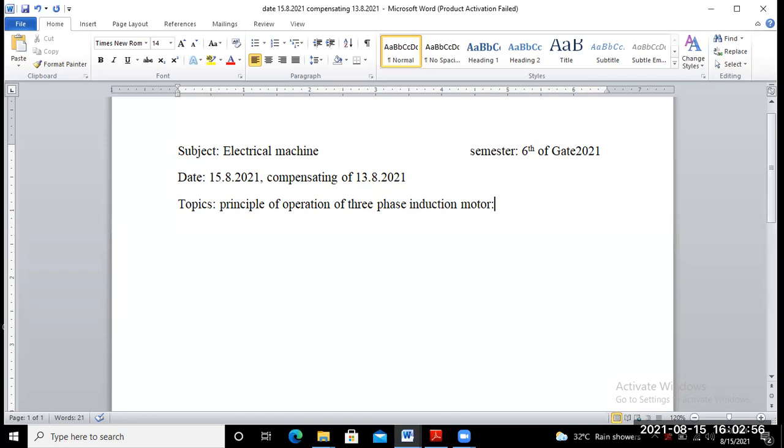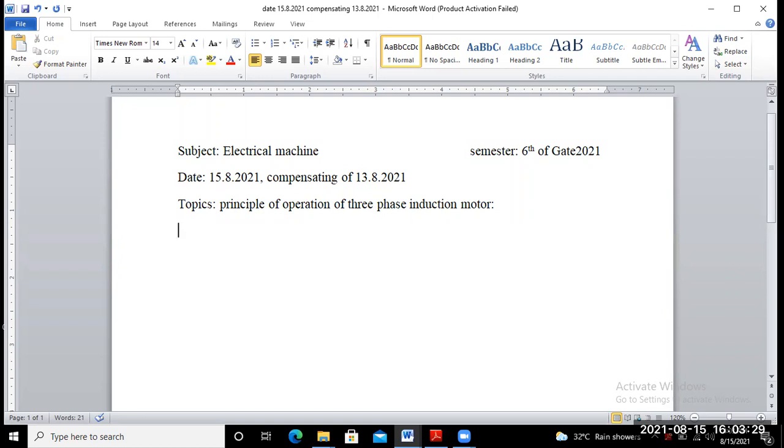If we recall, the stator winding of the three-phase induction motor is connected to a three-phase balanced supply. One winding is placed in the stator, another winding is placed in the rotor, and the stator winding is supplied from the three-phase balanced supply.